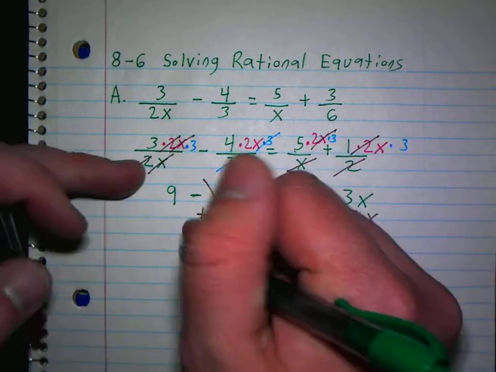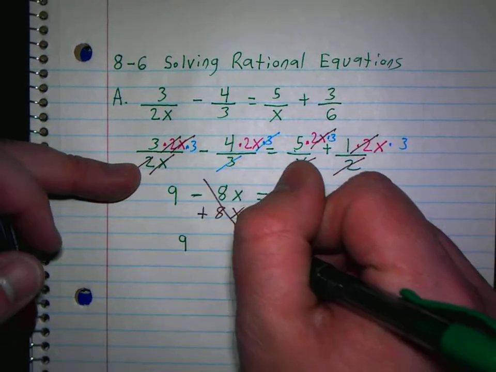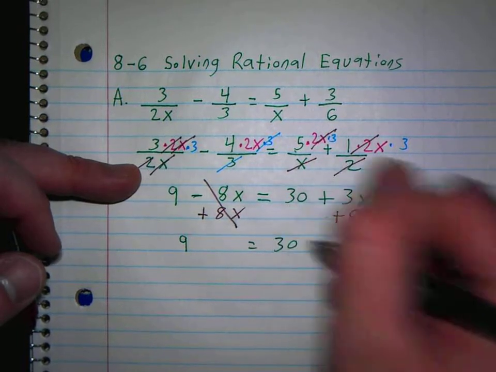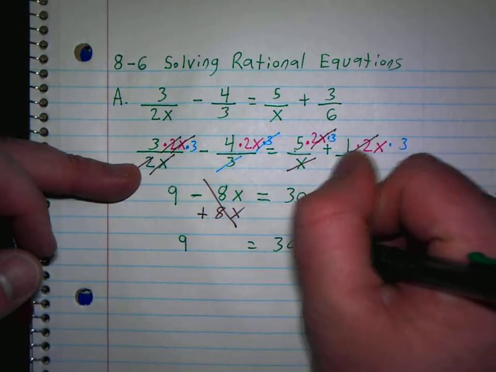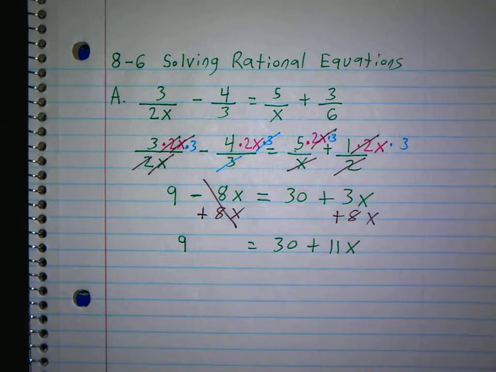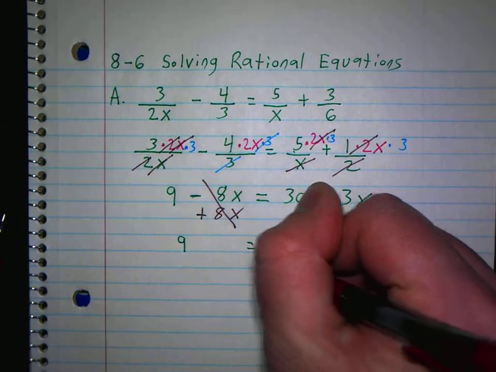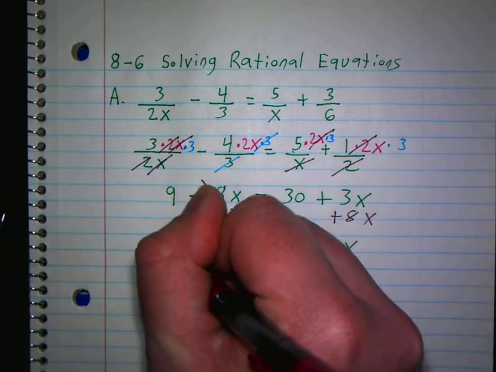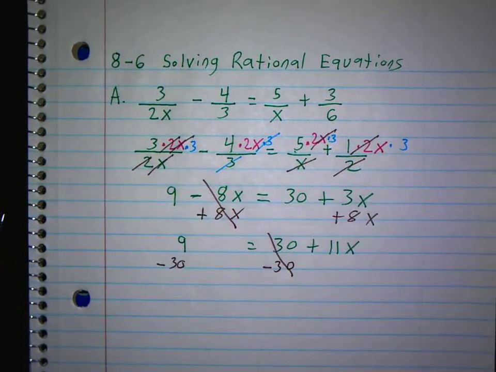Well, let's go ahead and write, I don't want to do too much at once. 3x plus 8x is 11x. And then I would subtract 30 from both sides. So this is review from Algebra 1. 9 minus 30 is what, negative 21?